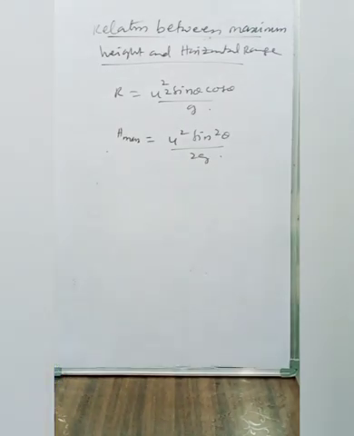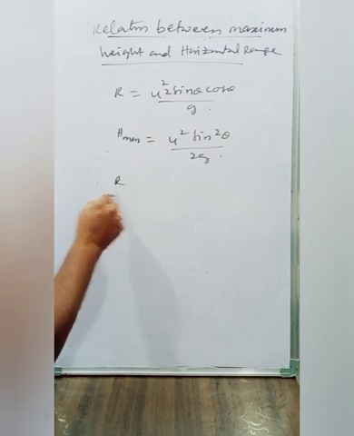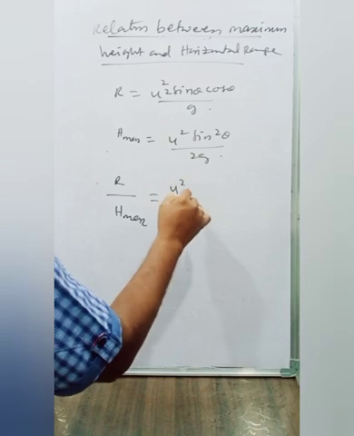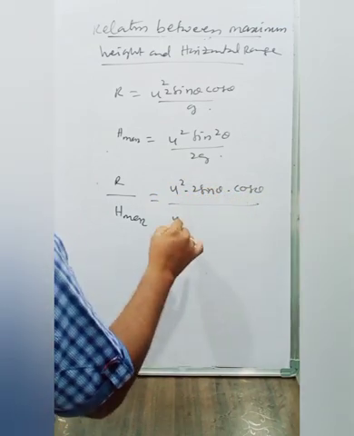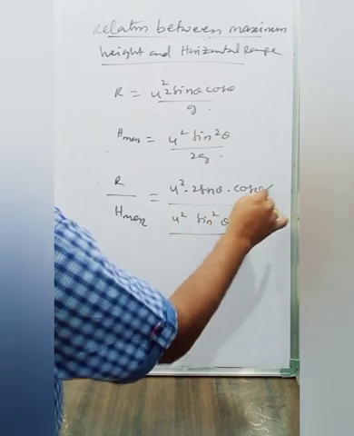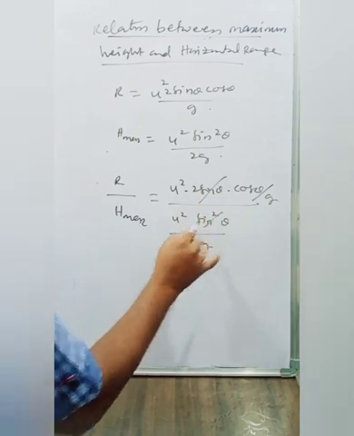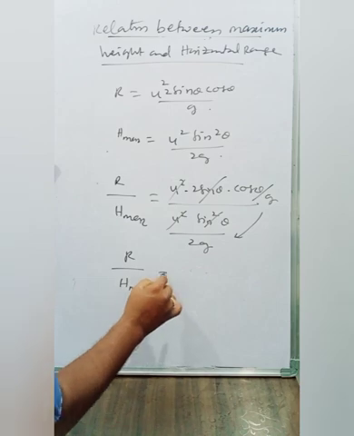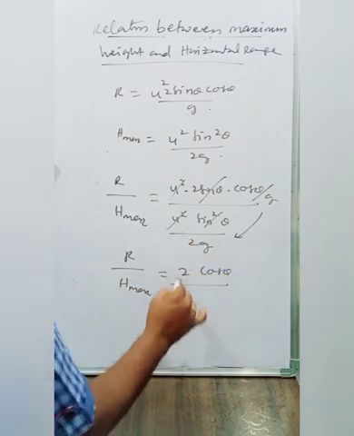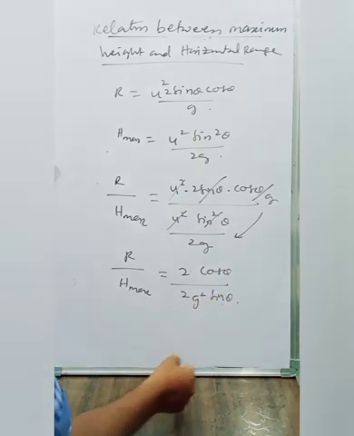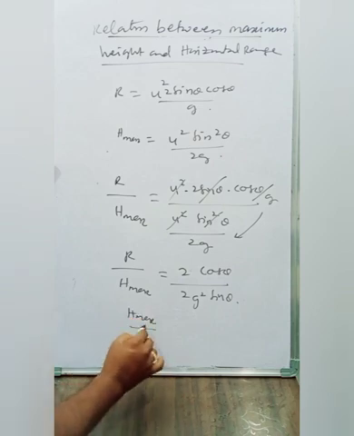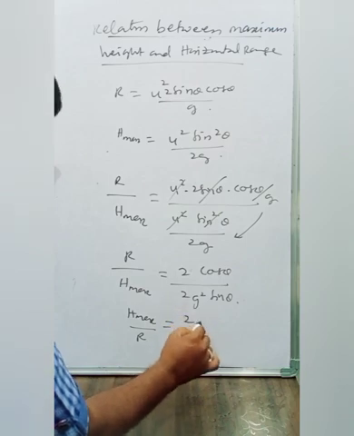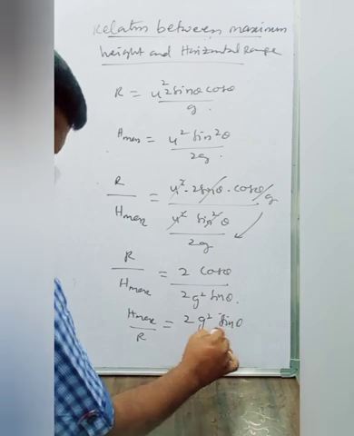Now dividing the above equations, r by h maximum is equal to u square 2 sin theta cos theta by u square sin square theta, with g in one and 2g in the other. One sin theta cancels. U square cancels.